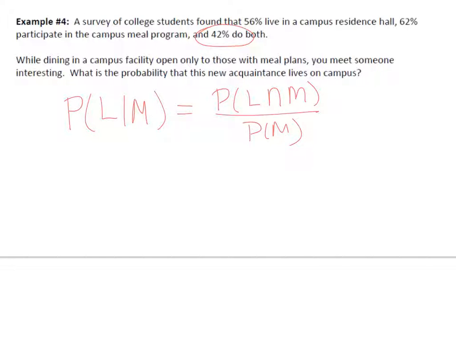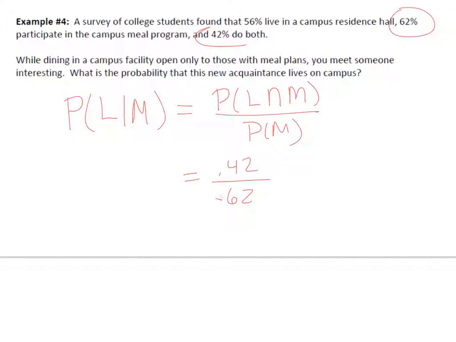We're given that the intersection of living on campus and having a meal plan is 42%, so 0.42 in the numerator. And we are given that those who have the meal plan have a probability of 0.62. It's over here. 62% have the meal plan, so 0.62 in the denominator.